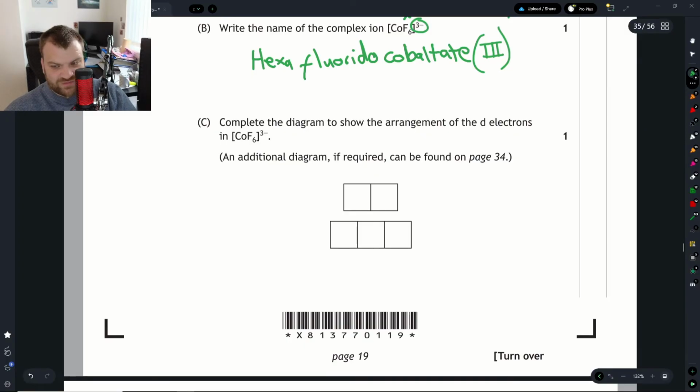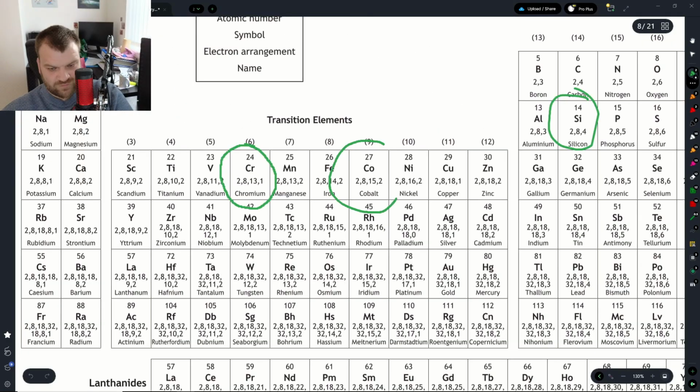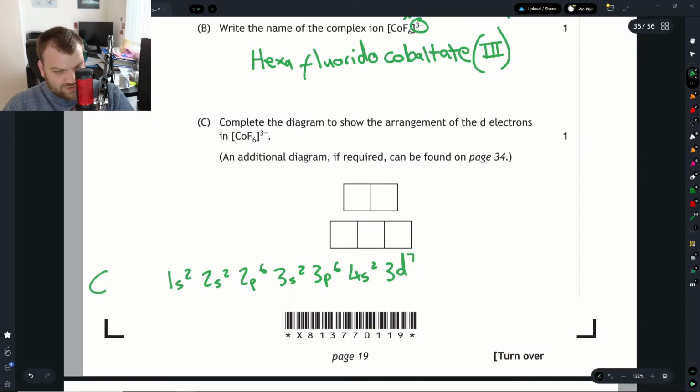Show the arrangement of d electrons in that same ion we have done. So what this will mean is we have cobalt, but we've lost 3 electrons. Cobalt, we have 27 electrons. So our cobalt in its ground state would look like that. To make it 3 positive, we're first going to lose our 2 4s electrons, and then instead of being 3d7, it's now 3d6.